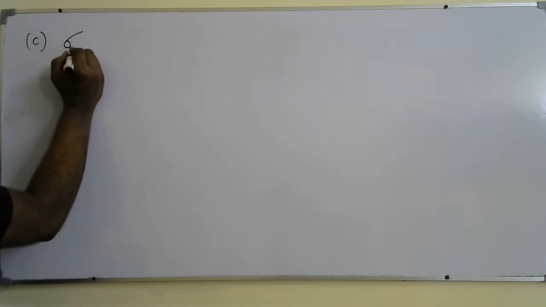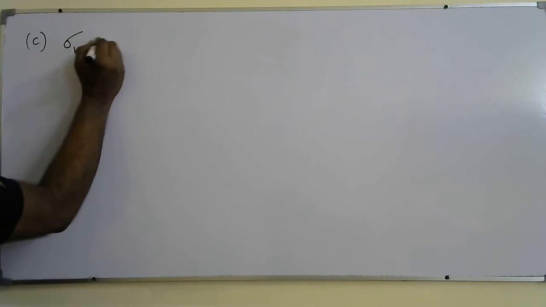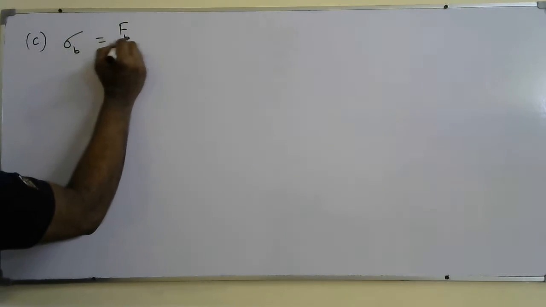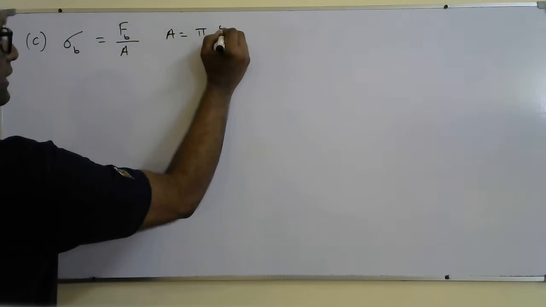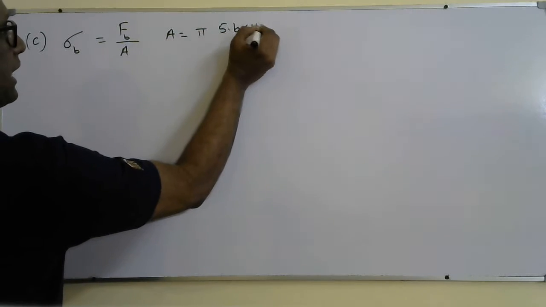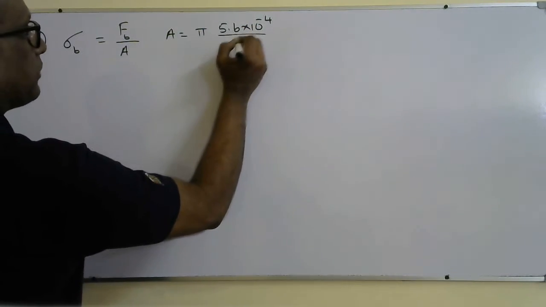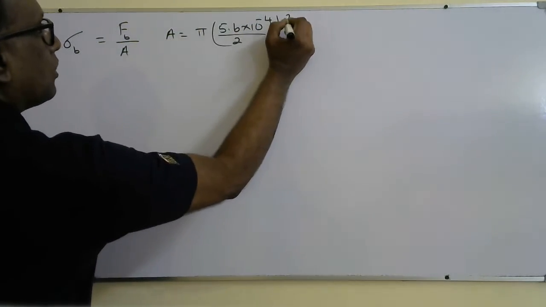Okay, so the C part: breaking stress equals breaking force F_B over area of cross section. Area equals pi d by 2 squared, that is 5.6 times 10 to the power minus 4 divided by 2, all squared.